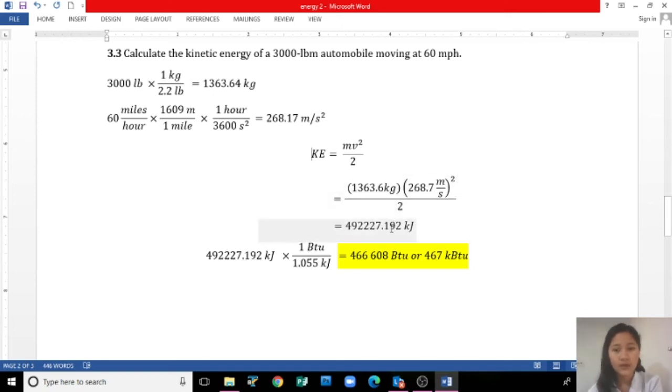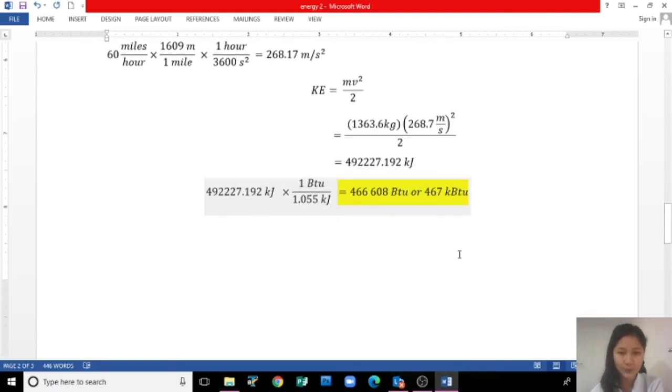In order to convert this into BTU, just multiply by 1 BTU over 1.055 kilojoules. These units will be cancelled and the remaining would be BTU. Performing the operation, the kinetic energy is equal to 466,608 BTU or 467 kBTU.